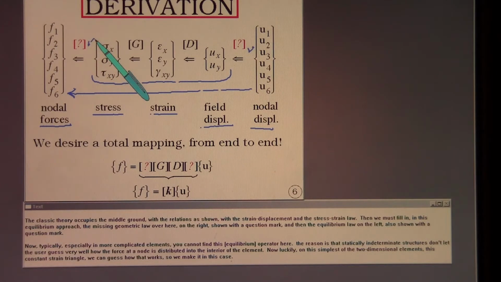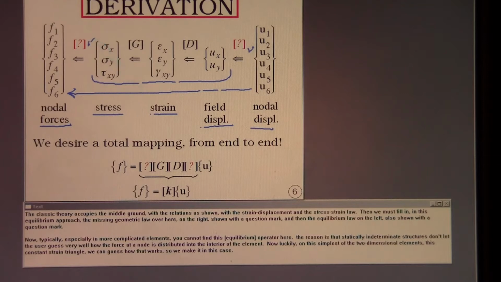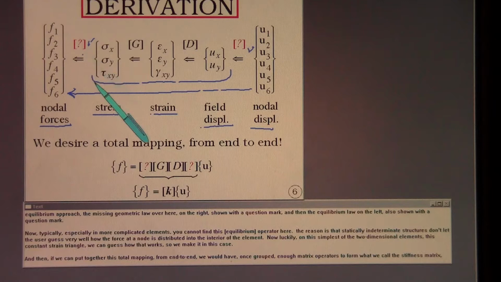Now typically, especially in more complicated elements, you cannot find this operator here. The reason is that statically indeterminate structures don't let the user guess very well how the force at a node is distributed into the interior of the element. Now luckily on this simplest of 2-dimensional elements, this constant strain triangle, we can guess how that works.